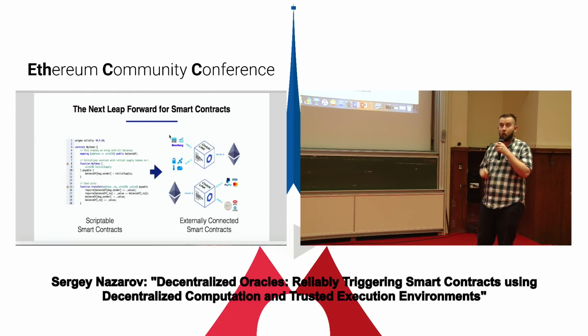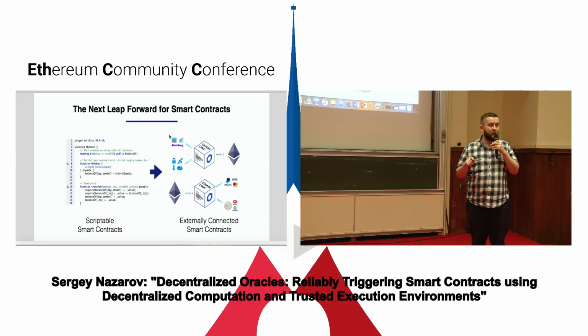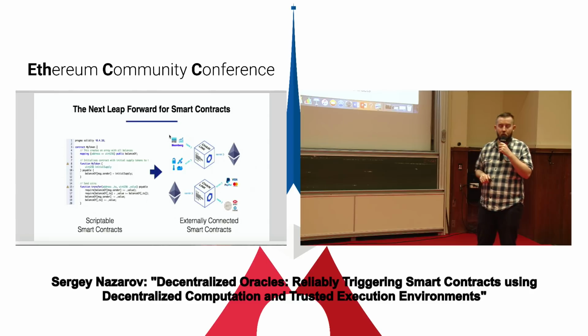What the world is going to be like very soon, and I think is going to be a very large improvement, is the ability to make a scriptable smart contract that can talk to various data feeds, that can actually ship things on its own, affect various events in the real world, react to events in the real world, and do that securely and reliably, right? That's another huge leap in features. That's another huge leap in what people can build. And in our opinion, it's another very large expansion of what the smart contract space in general will be capable of doing.